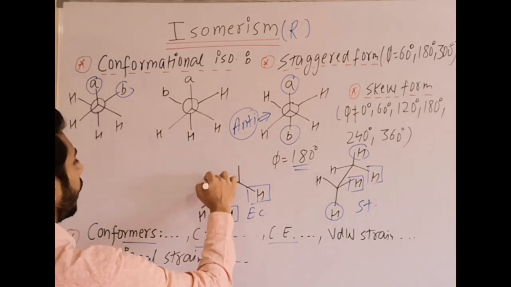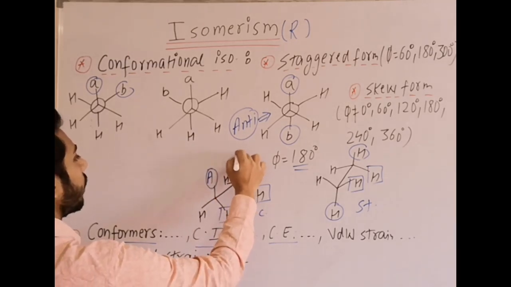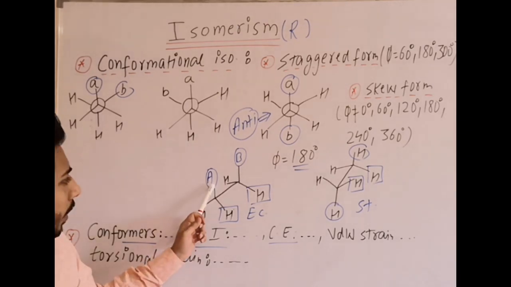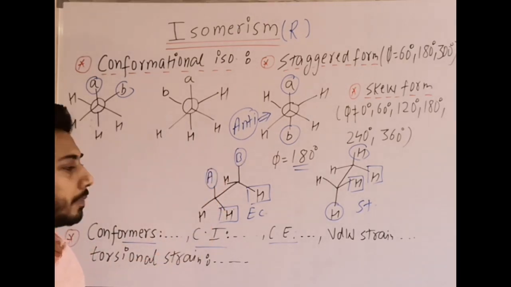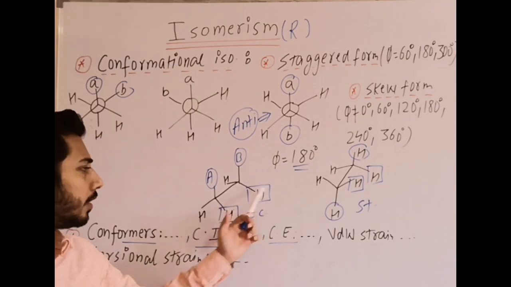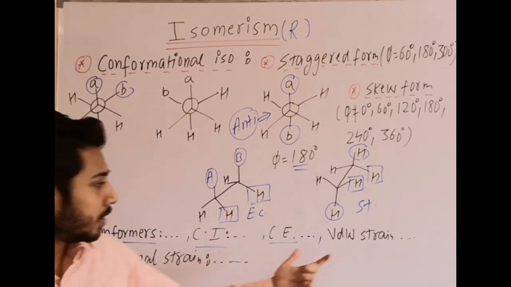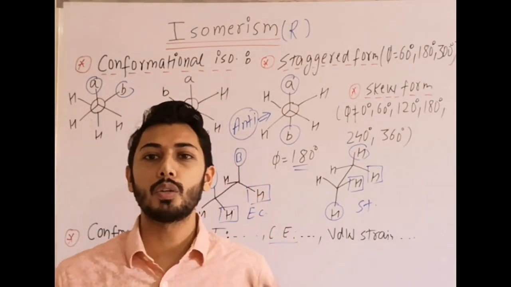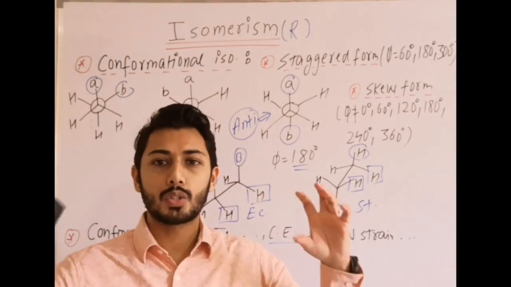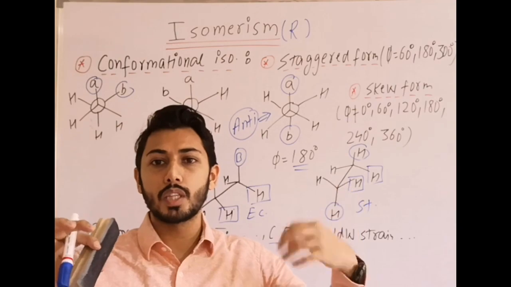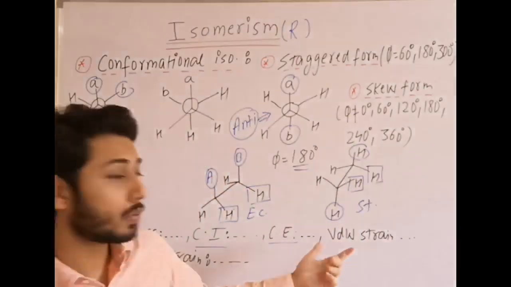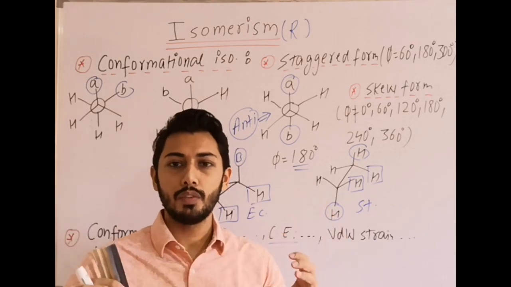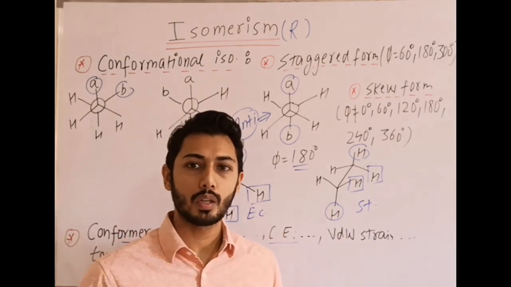Here I am putting group A, here I am putting group B. Now, in this case, which is eclipse form, A is exactly in front of B. H, although smaller, but they are in front of each other. So this is the strain which arises when the bulky groups are exactly in front of each other. That strain due to the bulkiness of the groups is termed as van der Waals strain.